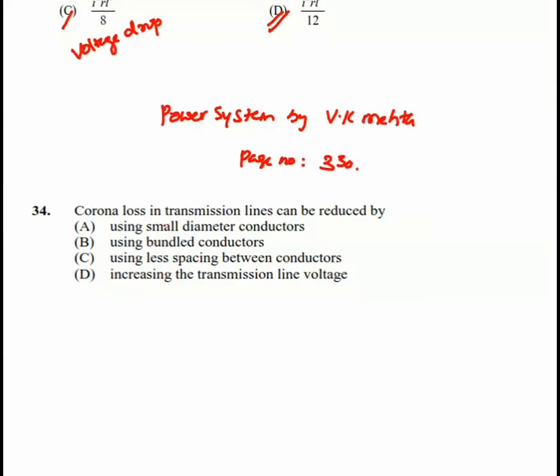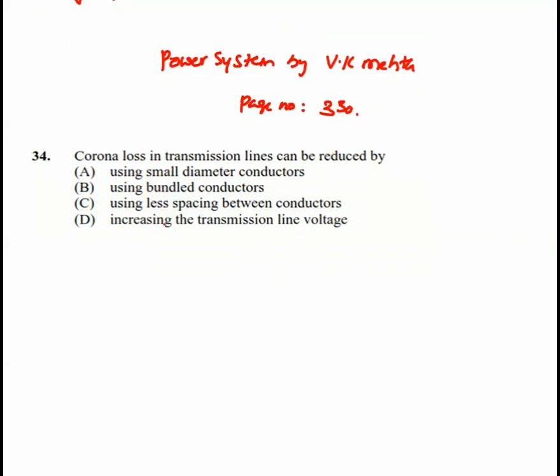Next one, the corona. The corona losses in a transmission line are reduced by using bundle conductors. This is a general question here. This is done because the critical disruptive voltage, that is Vc, is proportional to the radius of the conductor, and the power loss is proportional to V phase voltage minus Vc, whole square.